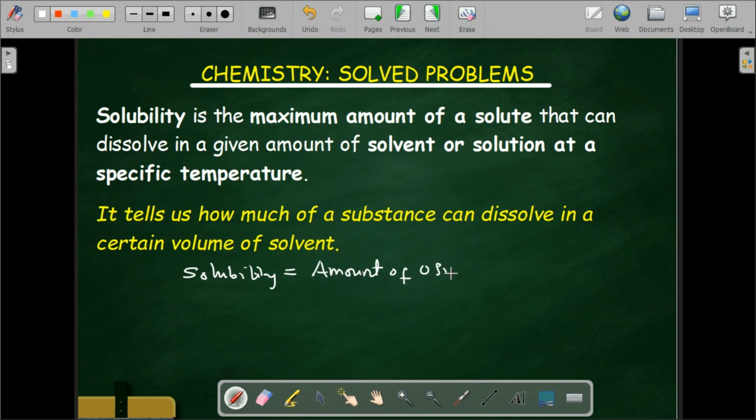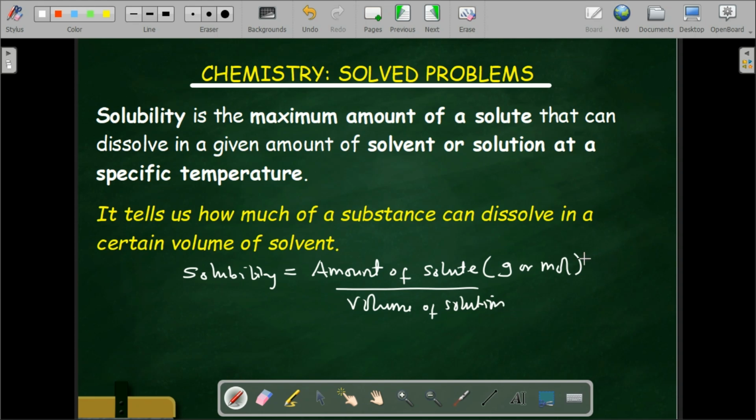The amount could be either in gram or in moles, per volume of solution.